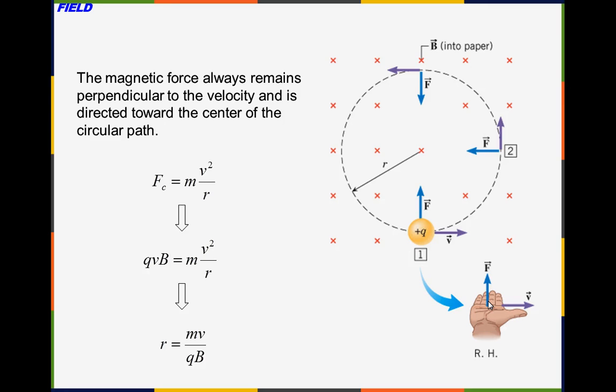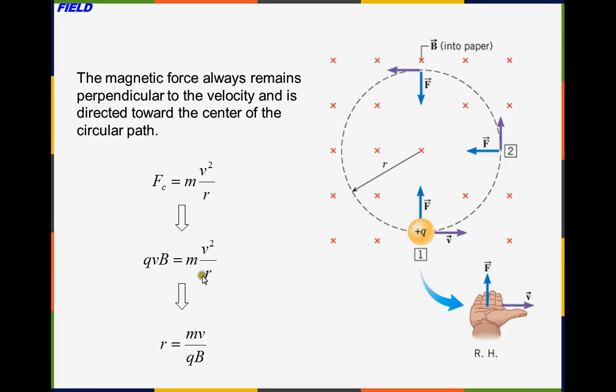The magnetic force always remains perpendicular to the velocity with our right-hand rule, and it's directed toward the center of a circular path. So we have centripetal force. Centripetal force equals mv squared over r. The force is qvb if sine theta is 90 degrees, if it's perpendicular.